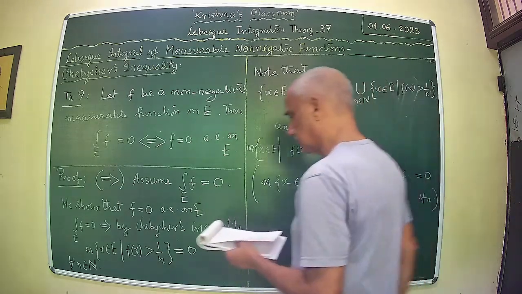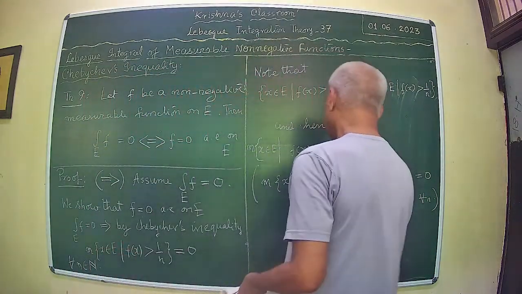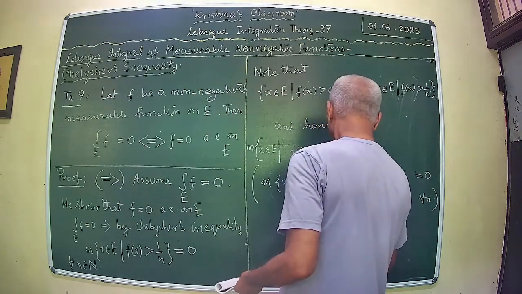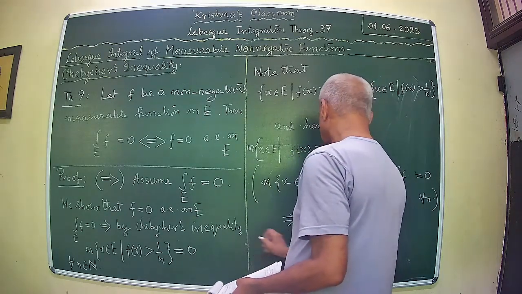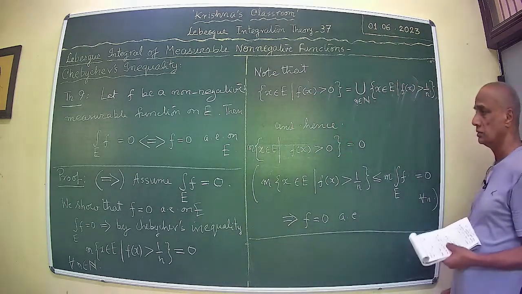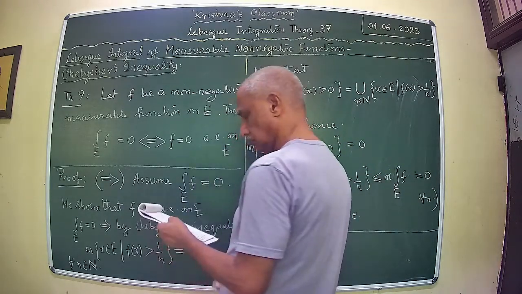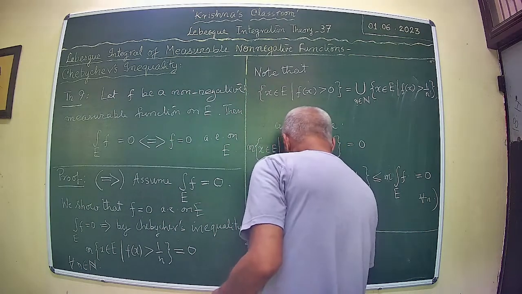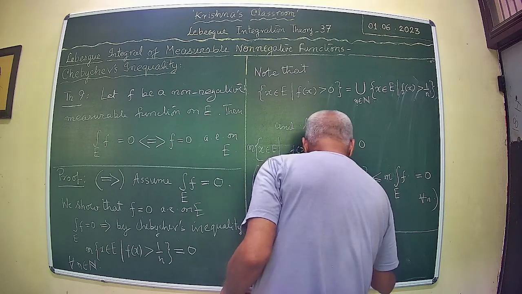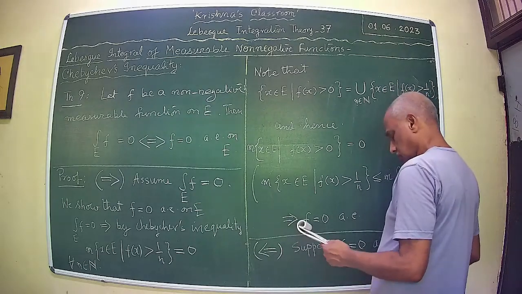That is the reason, by Chebyshev. So this implies that is the first part. Now we want to prove the converse: f equal to 0 almost everywhere implies the integral is 0.